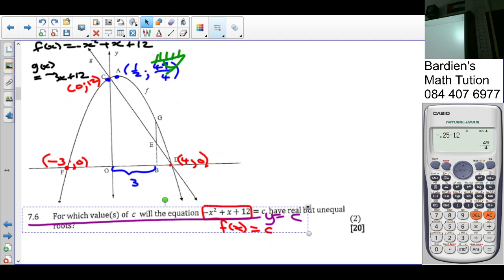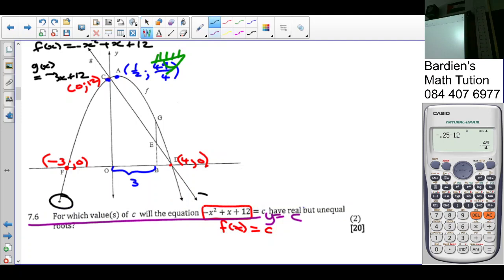What do these arrows mean? The graph is going down. Down where to? Infinity. So, do you think that graph is not going to cut this line?